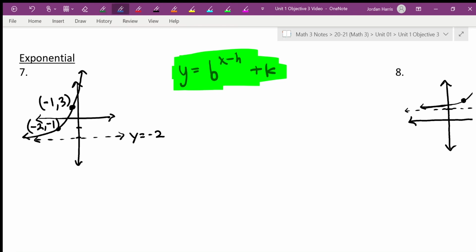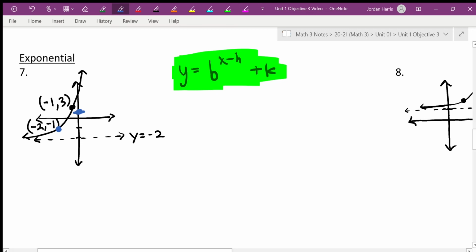All right, now we have to find our key point. Our key point is always the one just above the asymptote. So you have to find your asymptote, go to that one. Be careful here. I'm actually going to draw this one in because 0, 0 is not my key point. 0, 1 is my key point.